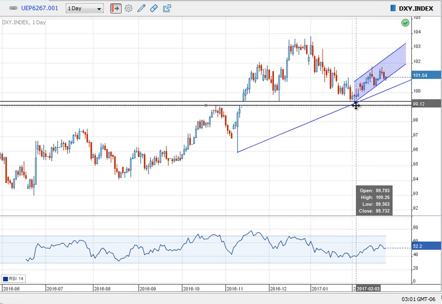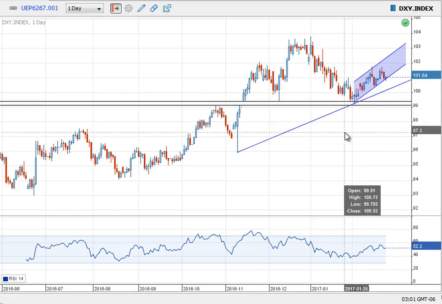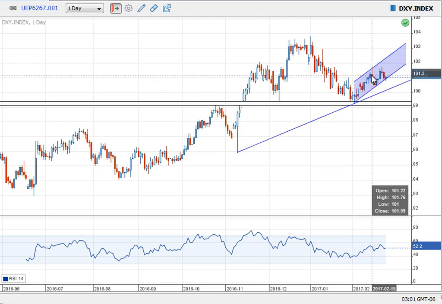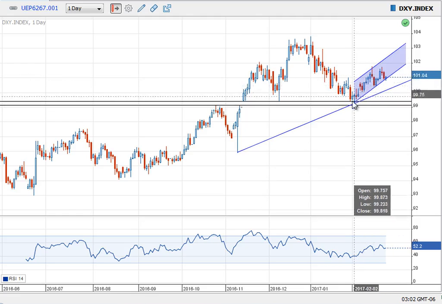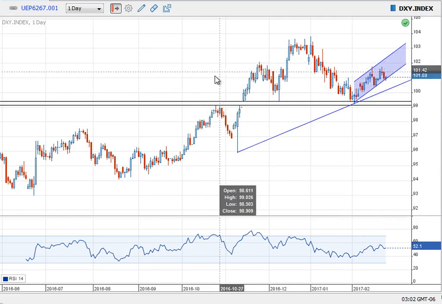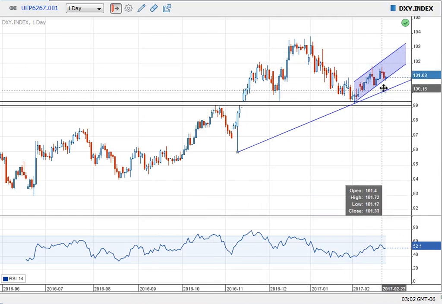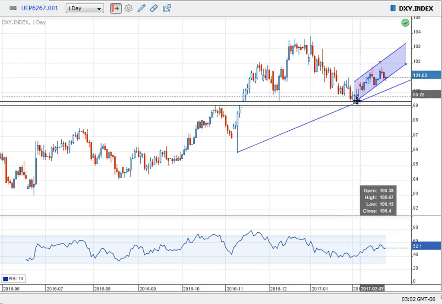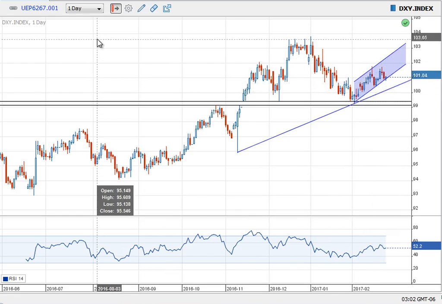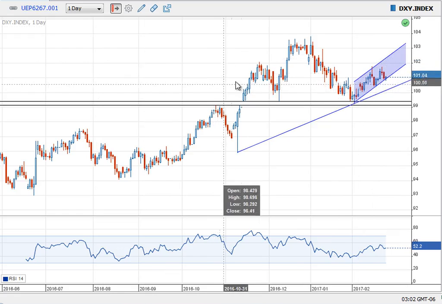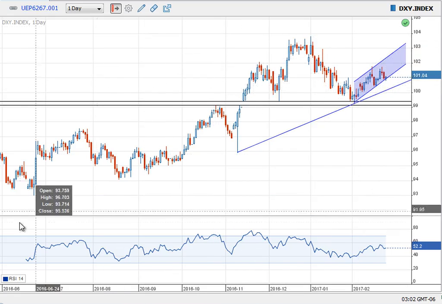Since the beginning of February, so basically for about a month, the US dollar index has been moving up very slowly inside this channel. But what's important to notice here is that not only are we breaking that channel, but we are also making, or trying to make, a head and shoulders pattern at the top of a very important up move.